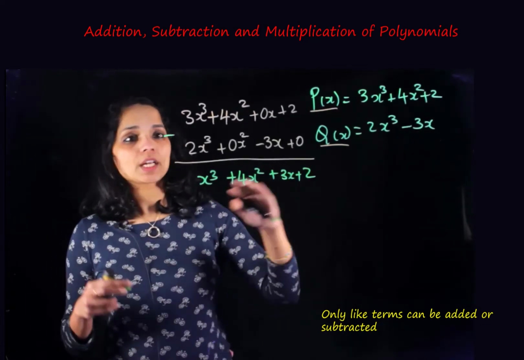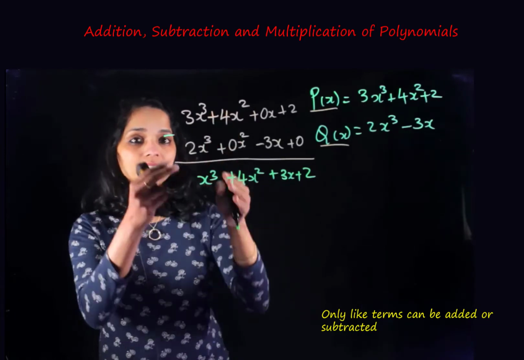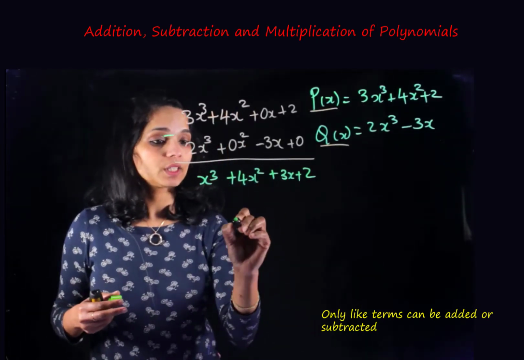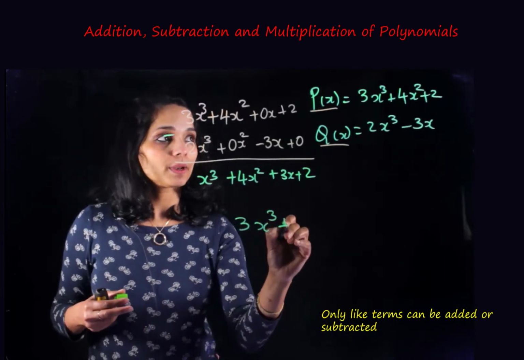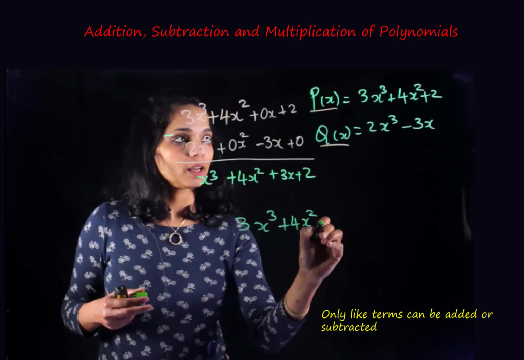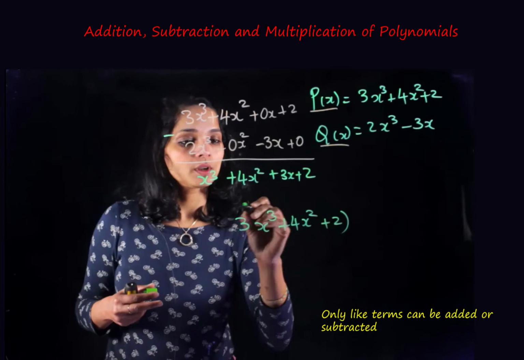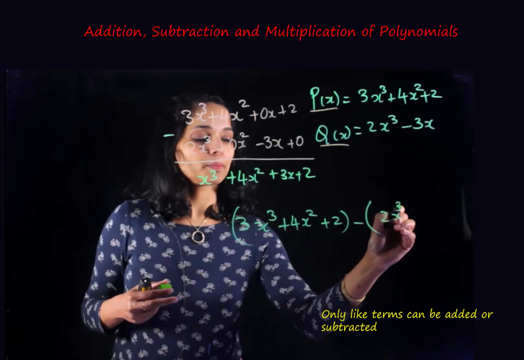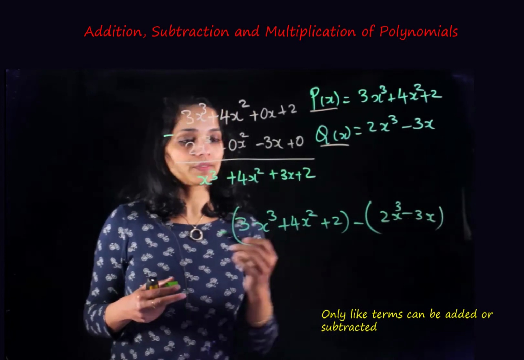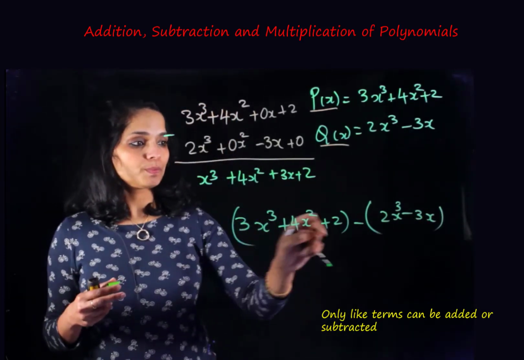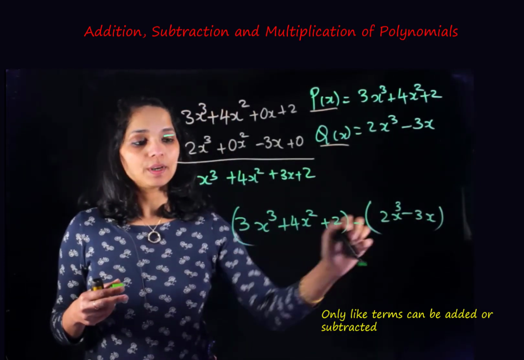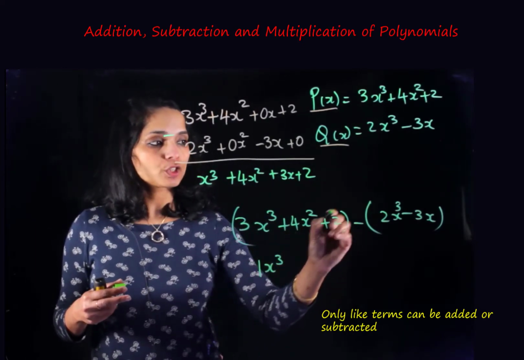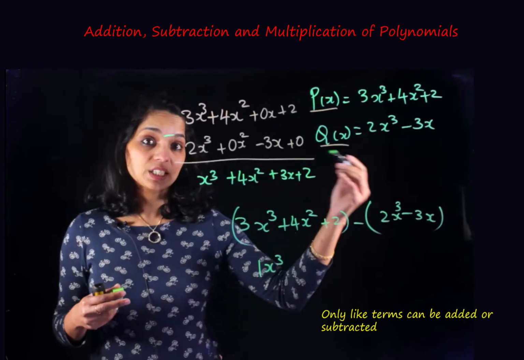If you want to subtract in one step, and you don't want to collect terms like this, you can do it that way as well. So it's 3x cubed plus 4x squared plus 2 minus 2x cubed minus 3x. This is how we write it. 3x cubed minus 2x cubed is 1x cubed, and for 4x squared, there's no corresponding term, so treat it as 0.